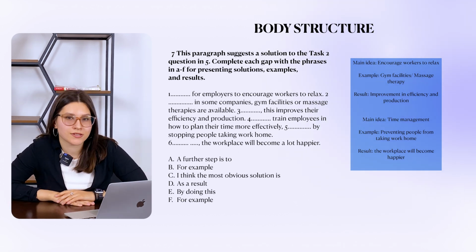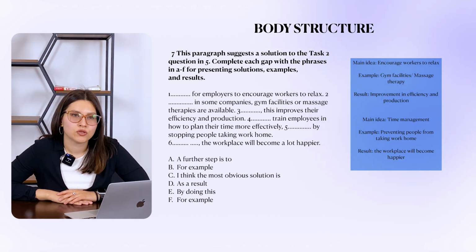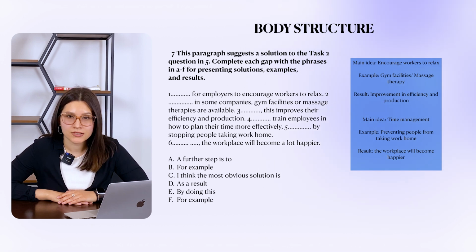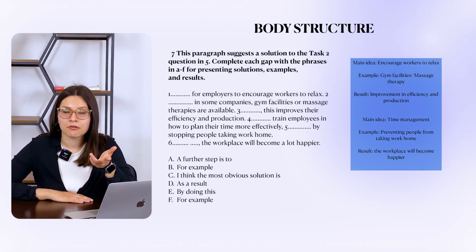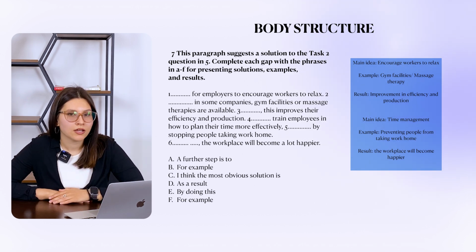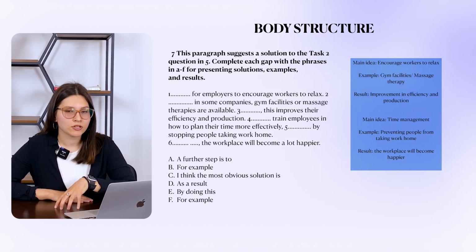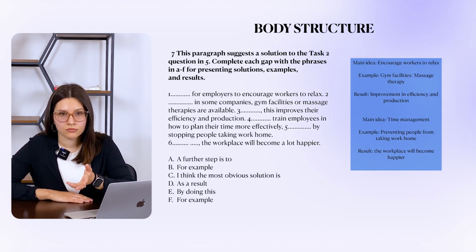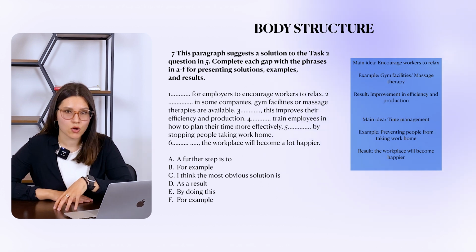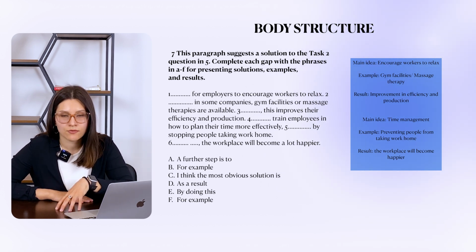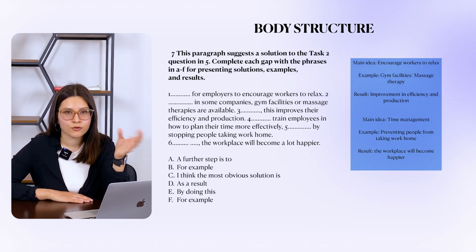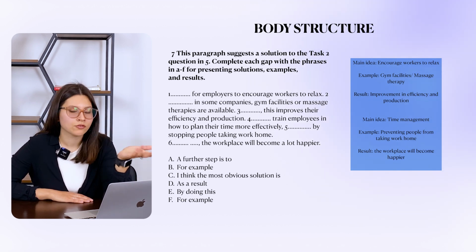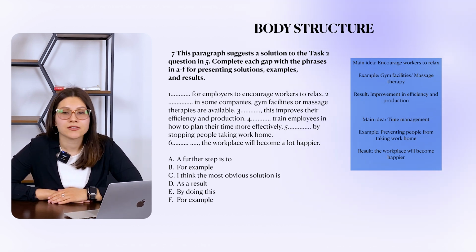Next one is your example. A good example to support your topic sentence is, for example, provide massage therapy. Or they can also include some kind of gym facilities at work, where workers can just go and train whenever they feel stressed, or maybe there will be a designated slot of time, for example, during their lunchtime or after their lunchtime, when they can exercise.